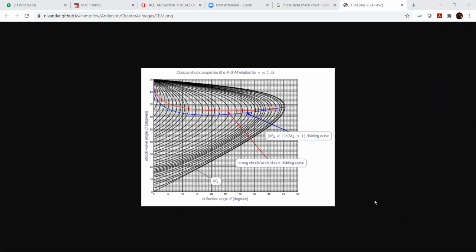So you adjust the ramp angle such that it will never be detached. But for the main shock wave in front of the aircraft, yes, you will experience detached shock waves at some points. But at least in the design condition, you don't want that. You want to have attached oblique shock waves. Okay, sir, thanks.